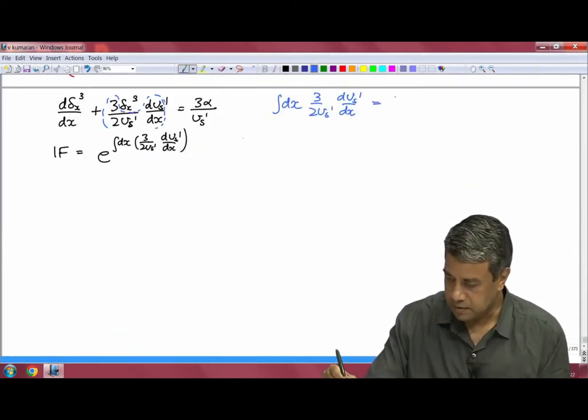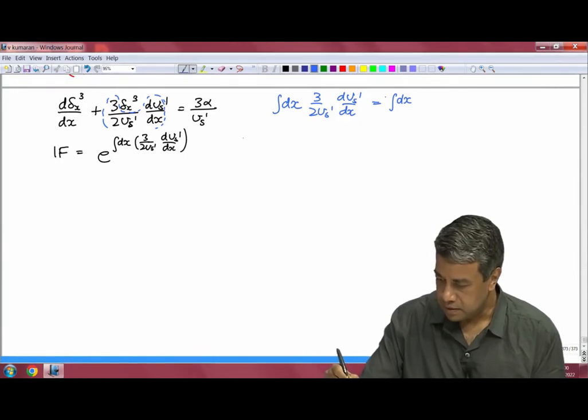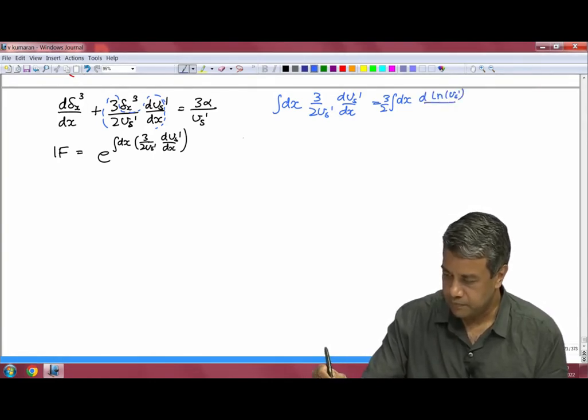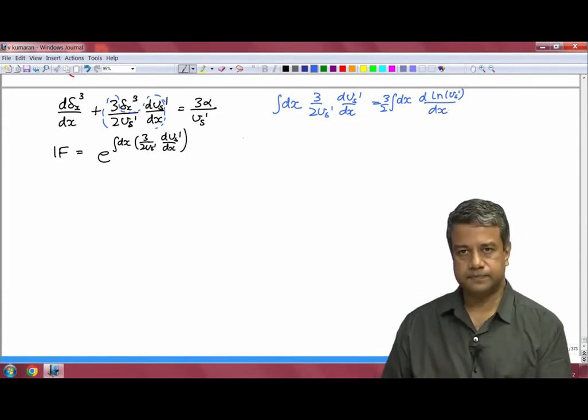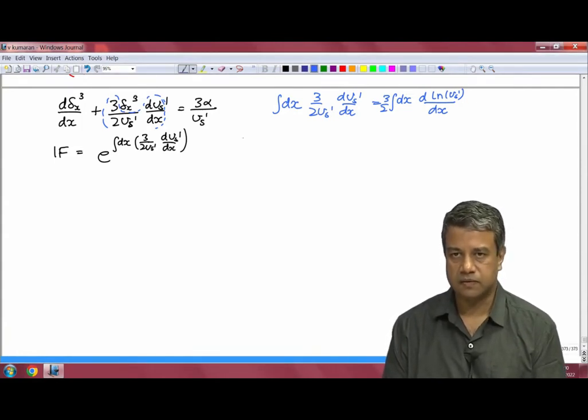This is basically equal to integral dx of, I can take the 3 by 2 here, of d of the natural logarithm of Vs prime. 1 by Vs prime dVs prime by dx is the derivative of the natural logarithm of Vs prime.